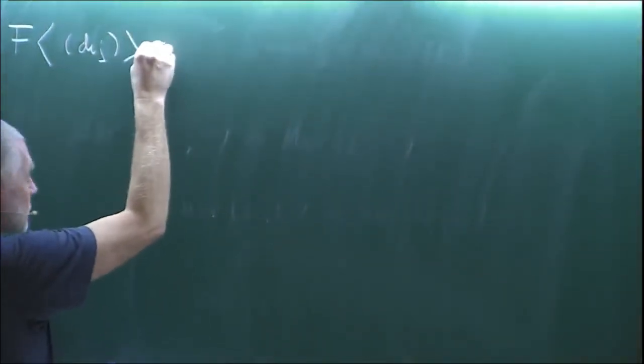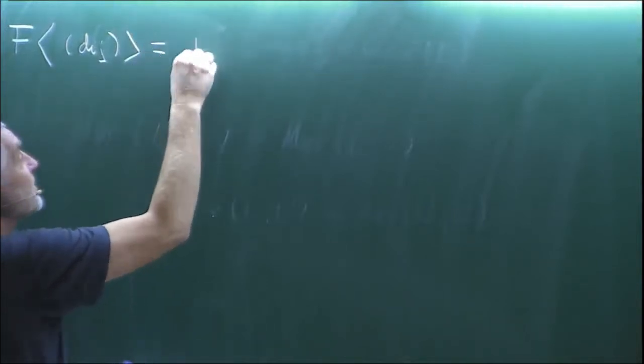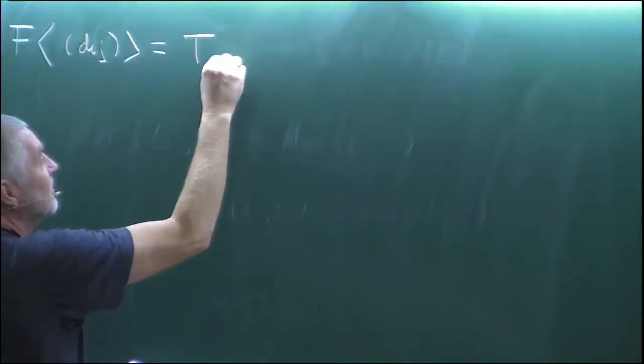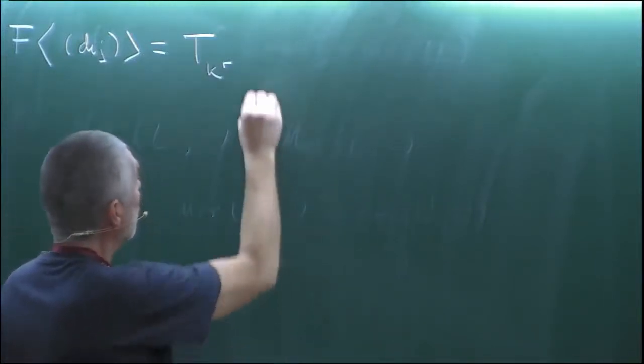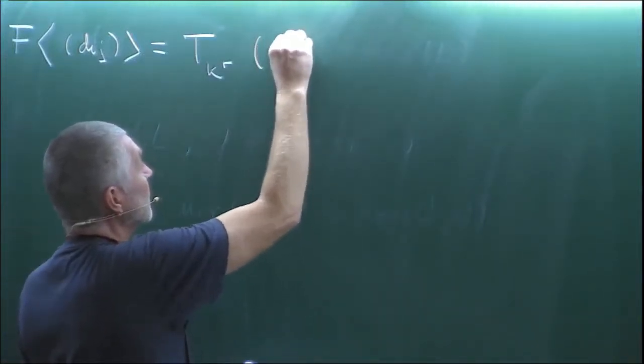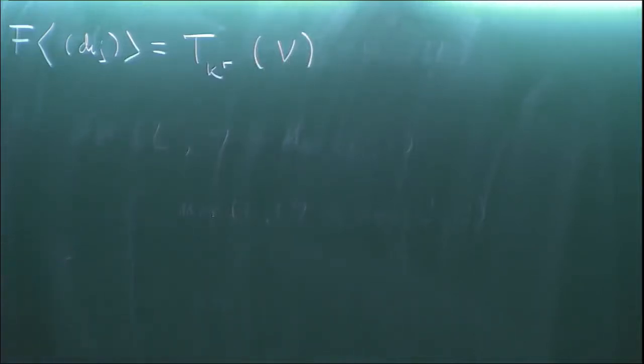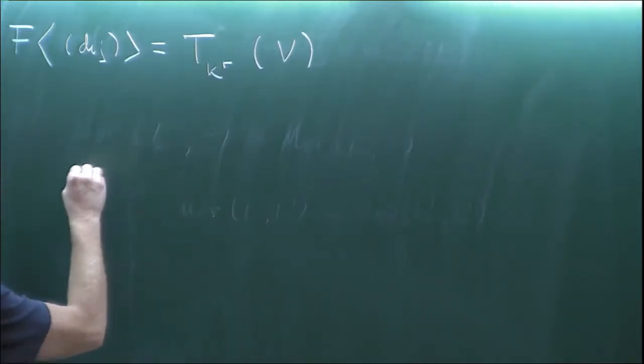I define this one as the tensor algebra over k to the r module of V, which is a matrix algebra. And the only reason is that I would be able to help you understand what this is like.